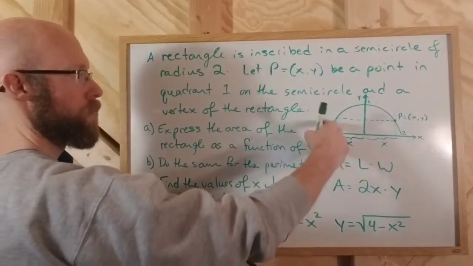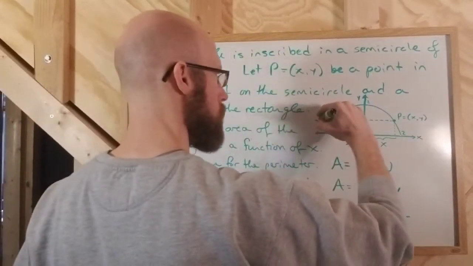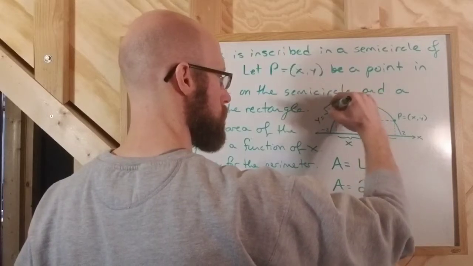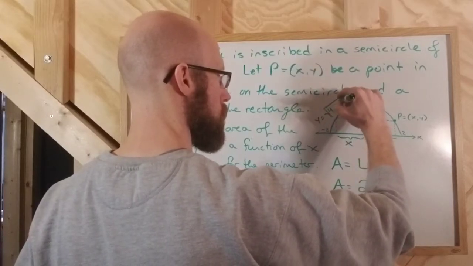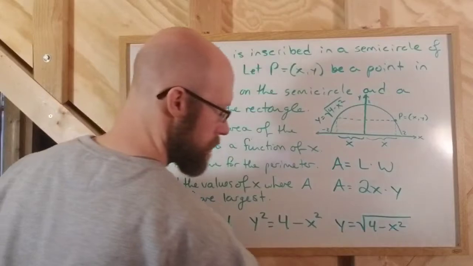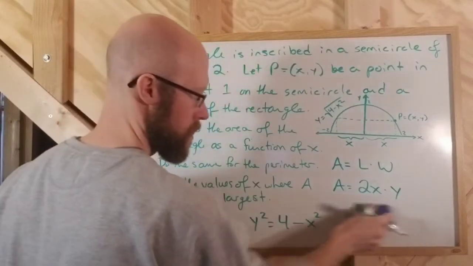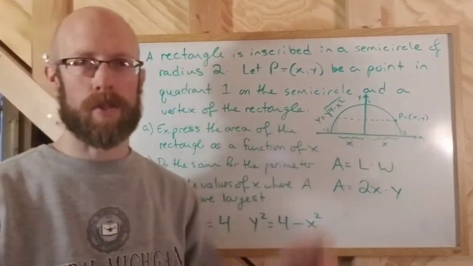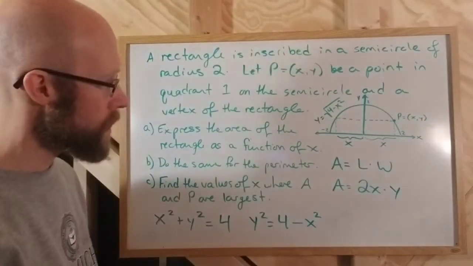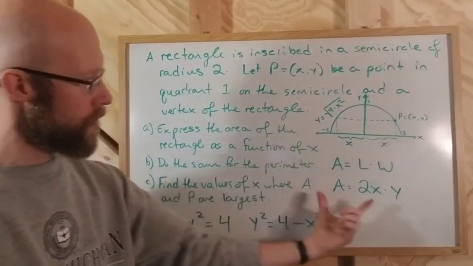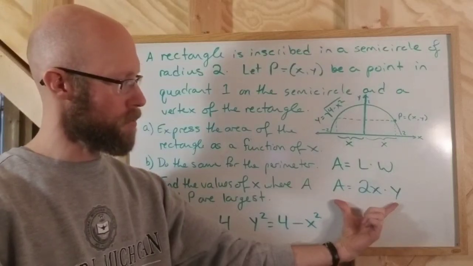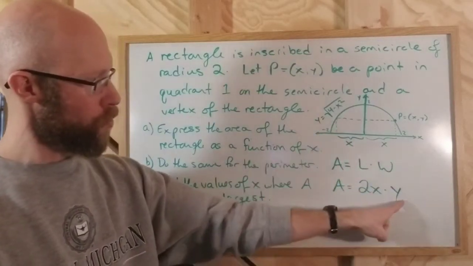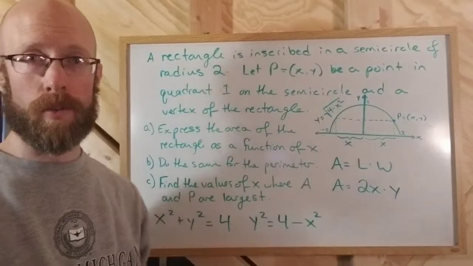Now when I take the square root, technically I should involve both the positive and negative root, but because this is the upper half of the semicircle, I would only need the positive one. If I was looking at the lower half, I would need the negative one. Okay, so take the square root, I get y equals the square root of 4 minus x squared. That's actually the formula then for that semicircle. And that is a function then. It's a function that represents the top half of a circle of radius 2. And so now I can write my area formula by replacing this y with this weird looking square root.